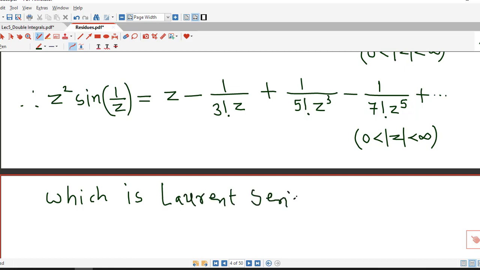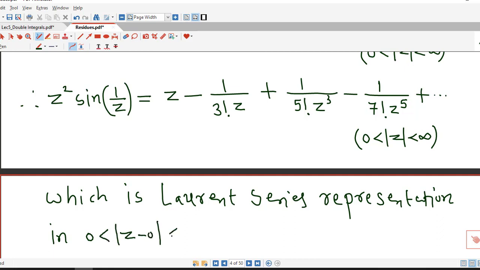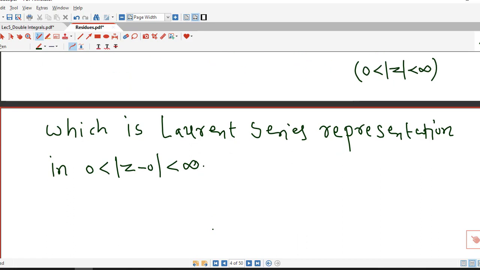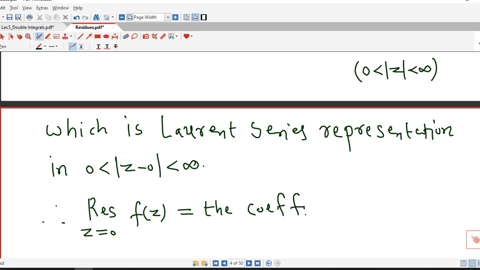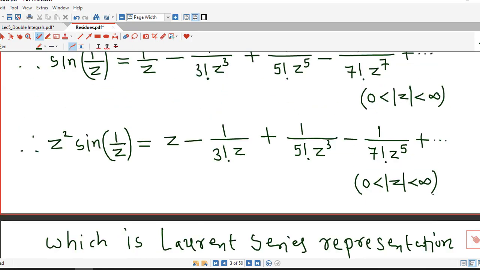This is the Laurent series representation of the given function in 0 less than mod z minus 0 less than infinity. So therefore we are interested in the residue of f of z at z equal to 0, which is nothing but the coefficient of 1 over z in this Laurent series representation.